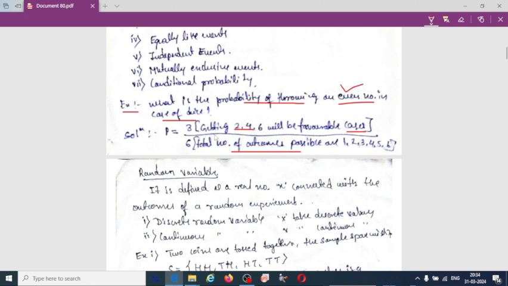So even numbers are 2, 4, 6. 1, 3, 5 are odd numbers. So 3 are even, and total how many outcomes are there? 6. So 3 divided by 6 is equal to 1 by 2. This is how we can calculate the probability.